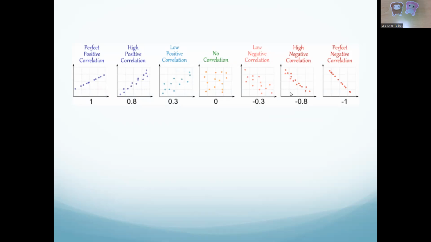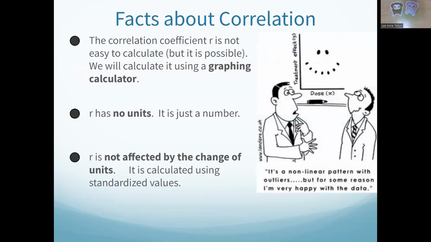And then do you see where the negatives come in? It's going downhill. -30% strength, -80% strength, and -100% strength. So R tells you two things. It tells you if it's going up or down, and it tells you how strong it is. Does that make sense? Okay.